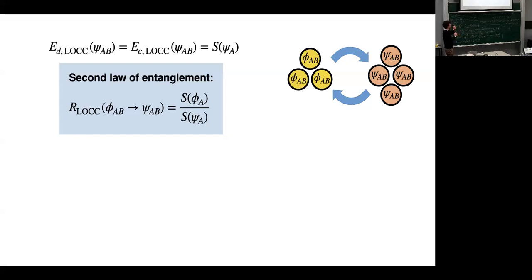And here, this tells you that you can run LOCC conversions of pure states with some prescribed efficiency in a reversible way. Why reversible? Because the rate at which you can convert copies of phi into copies of psi is just a ratio of the entanglement entropies. If you want to run the reverse conversion, it's just the reverse ratio, and the product of the two is 1.